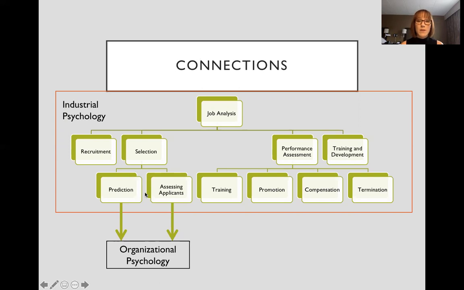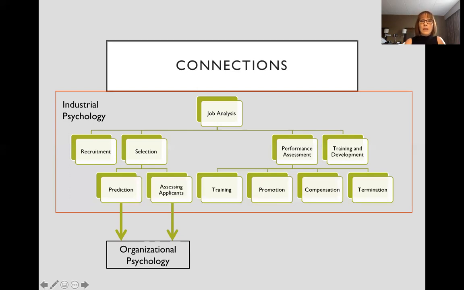For example, a lot of what we talked about in terms of predicting performance and assessing applicants, as well as performance assessment a little bit, but we'll focus on these two right here, is related to organizational psychology, in the sense that when we're looking at organizational psychology, we are looking at how people behave in the workplace and what social, situational, and individual factors lead them to behave that way.